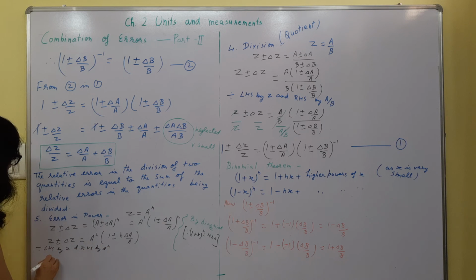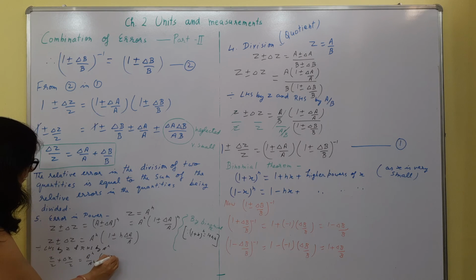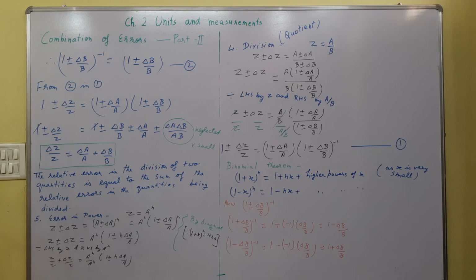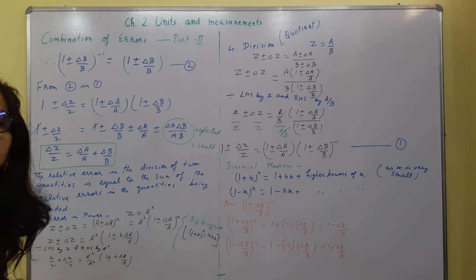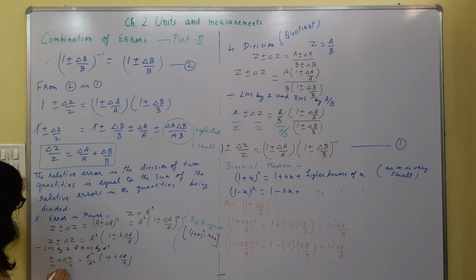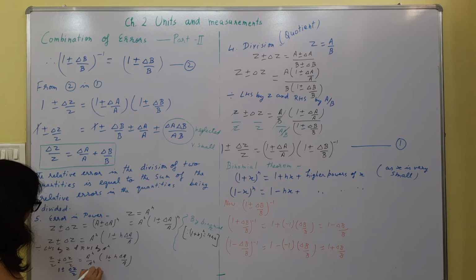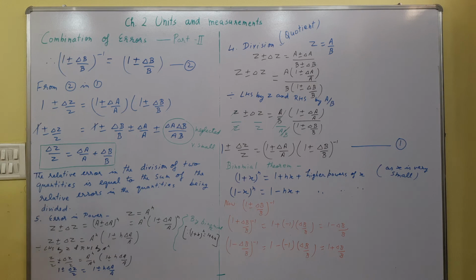So this will give you z/z + Δz/z is equal to a^n/a^n times (1 ± nΔa/a). So this will be cancelled. So we will get, you can see this step, 1 ± Δz/z is equal to 1 ± nΔa/a.